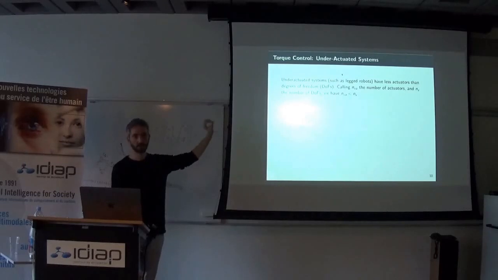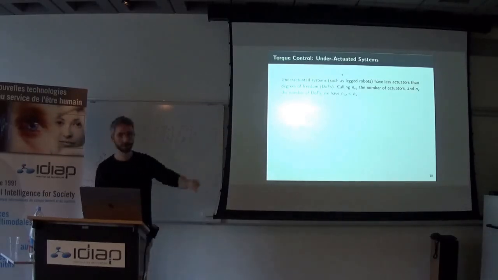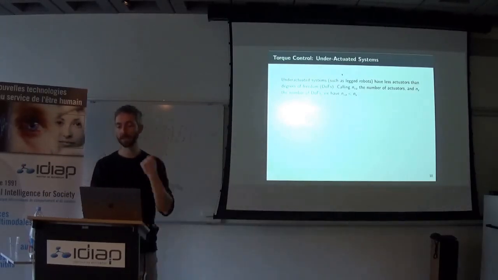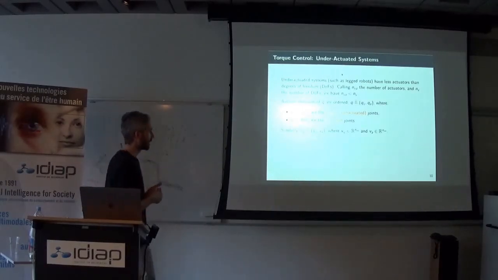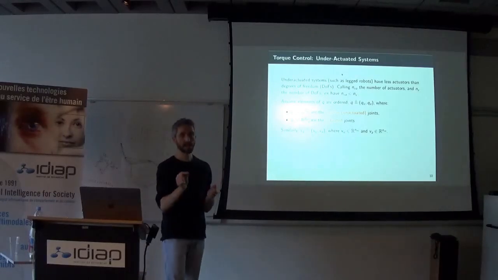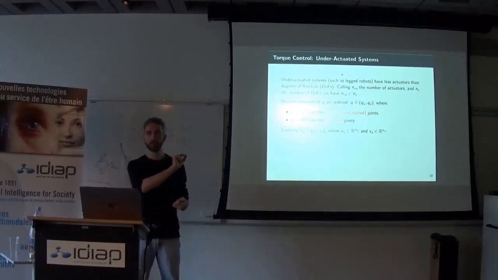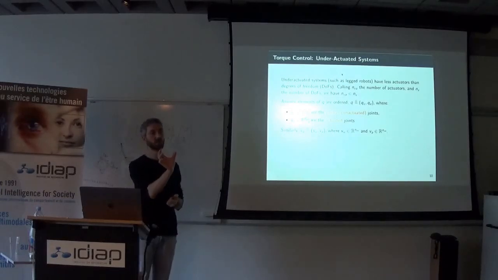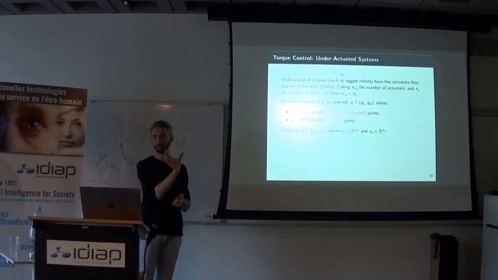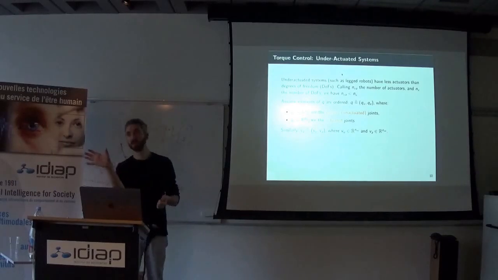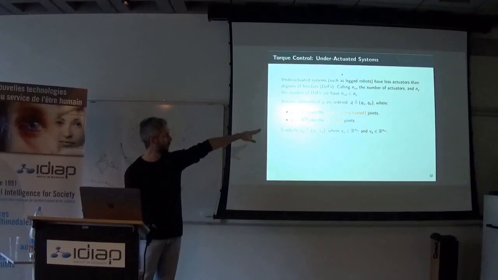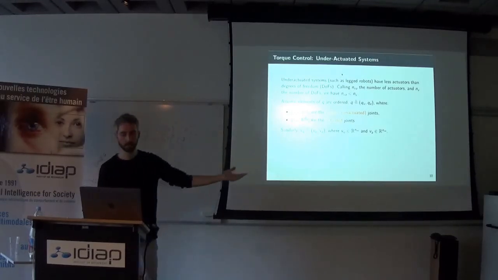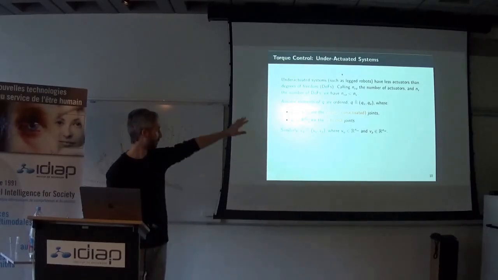So we know that for an under-actuated system, nu_a is less than nv, because we have fewer actuators than degrees of freedom. In this case, we can order the elements of the configuration vector so that we have first all the elements corresponding to the unactuated degrees of freedom, and then all the elements corresponding to the actuated degrees of freedom. We will call them q_u, where u stands for unactuated, and q_a, which stands for actuated. Same for the velocities.